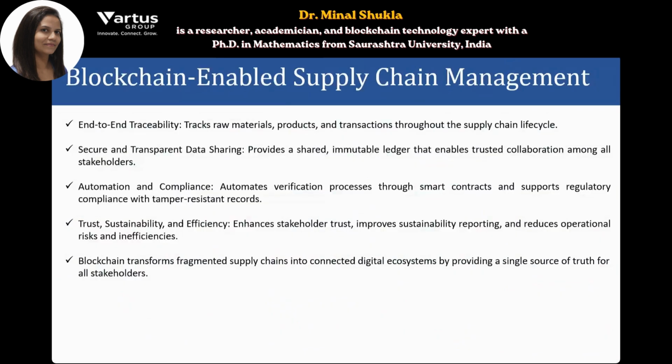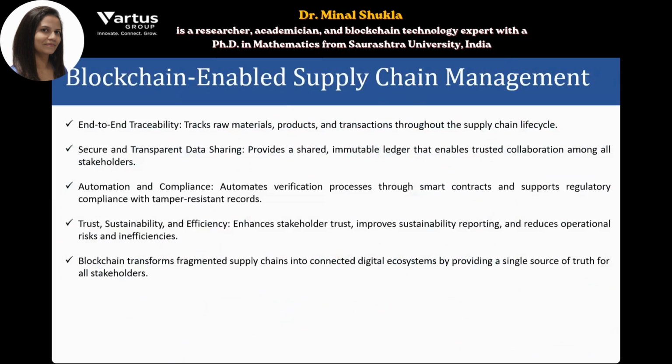Now, blockchain enables supply chain management because, as I mentioned in the architecture part, end-to-end traceability is there, tracking raw materials, products, and transactions throughout the supply chain lifecycle. Secure and transparent data sharing provides a shared immutable ledger that enables trusted collaboration among all the stakeholders. What are automation and compliance for this industry?